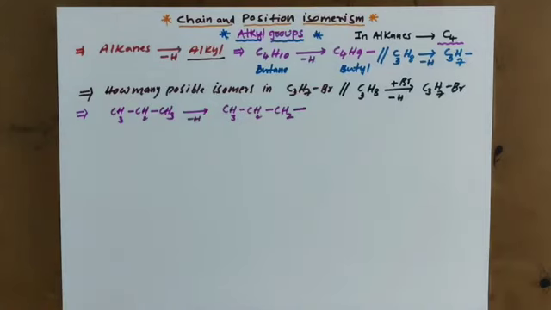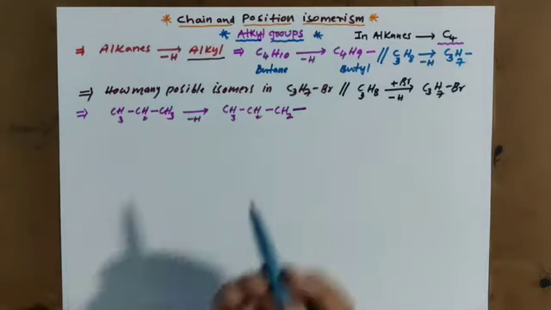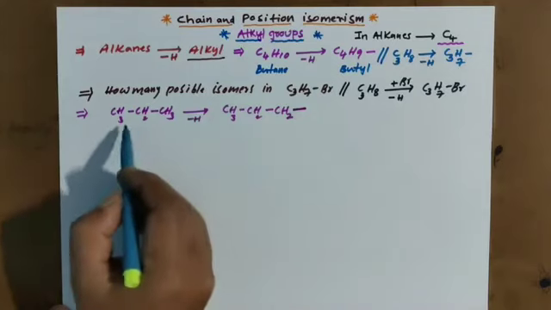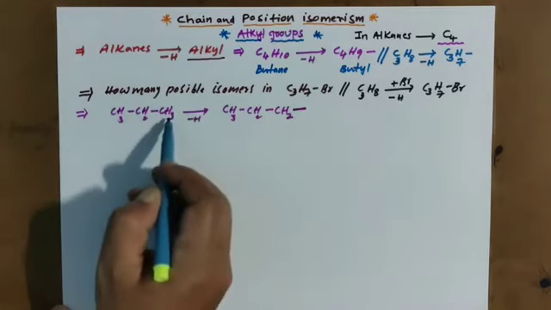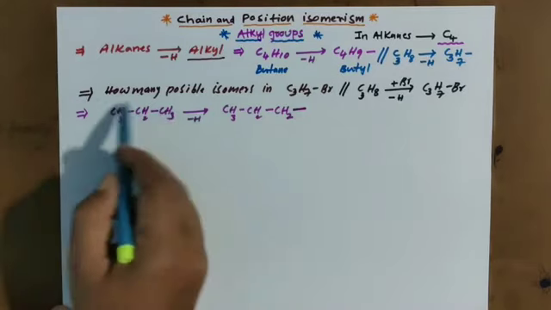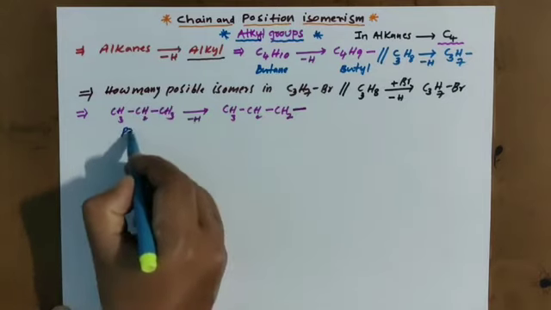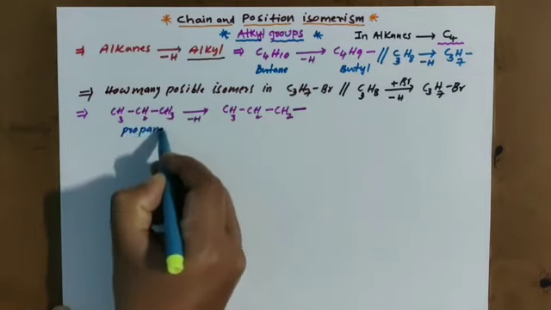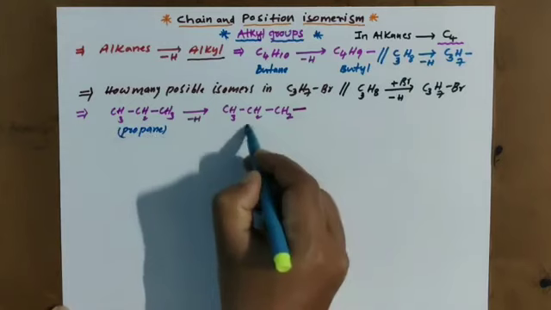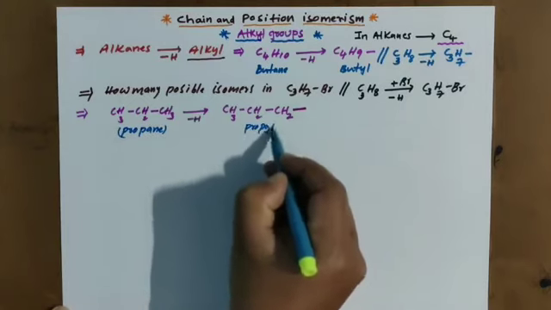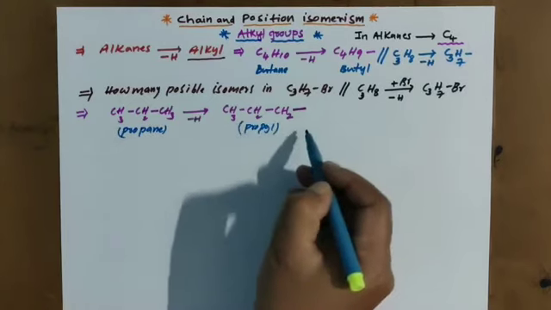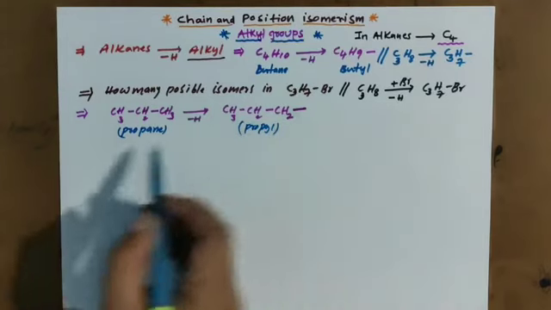Before writing the isomers, one small concept you have to remember. From propane, we got the propyl group. This concept first you have to learn, then it is easy to write the isomers.